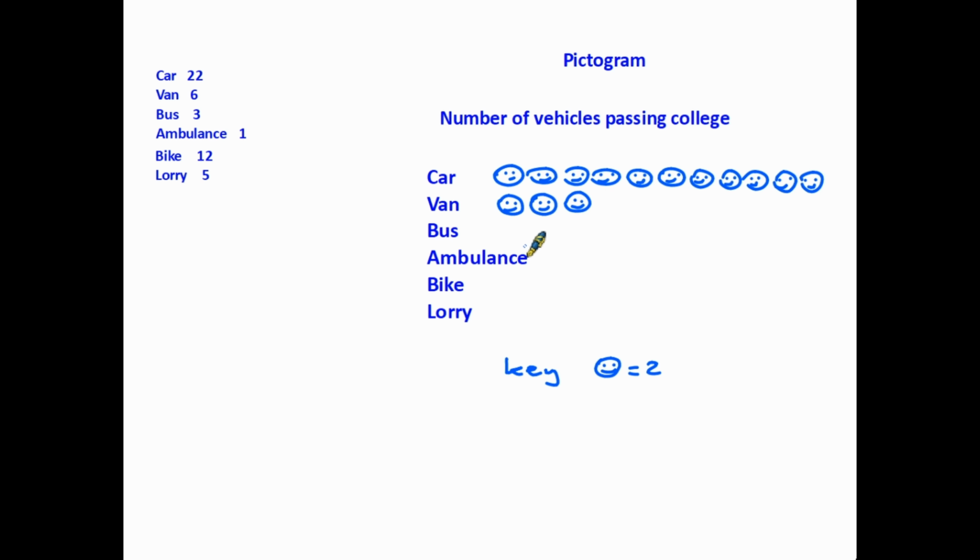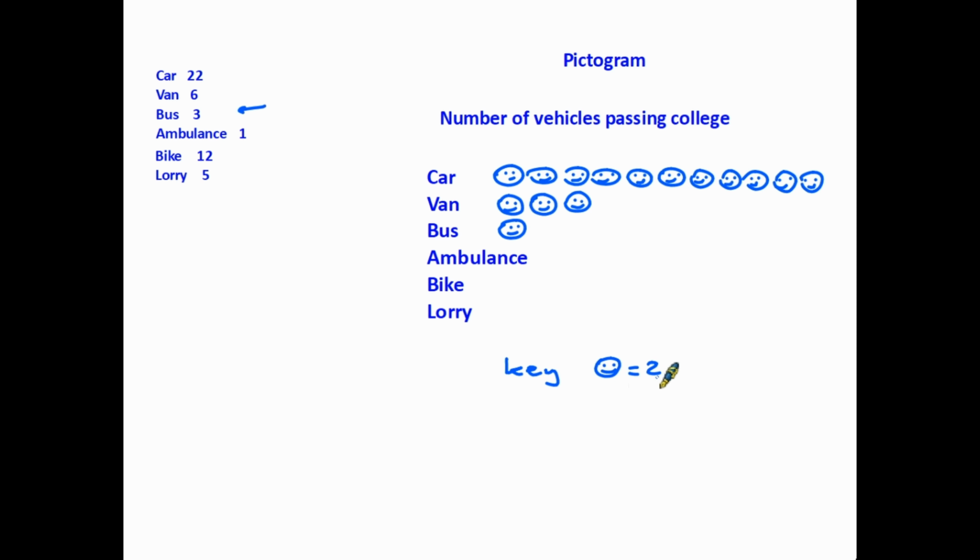Now we come to the bus. So let's start. I need 3. There's 2. Now I've got a problem. If I draw another smiley face, that will be 4. Whereas in fact buses, there were only 3. So here's what I feel is a slightly strange part of pictograms.